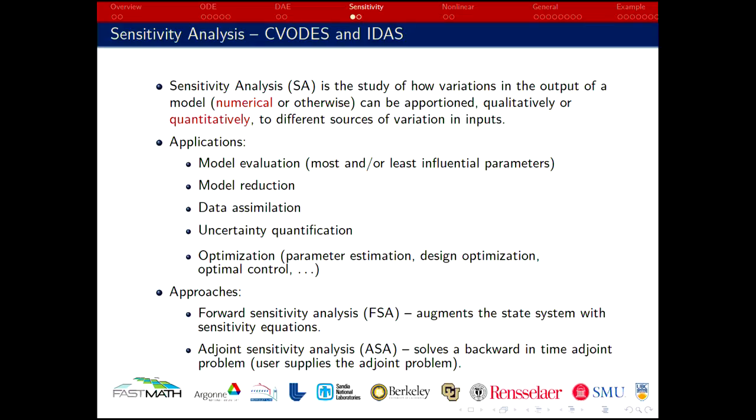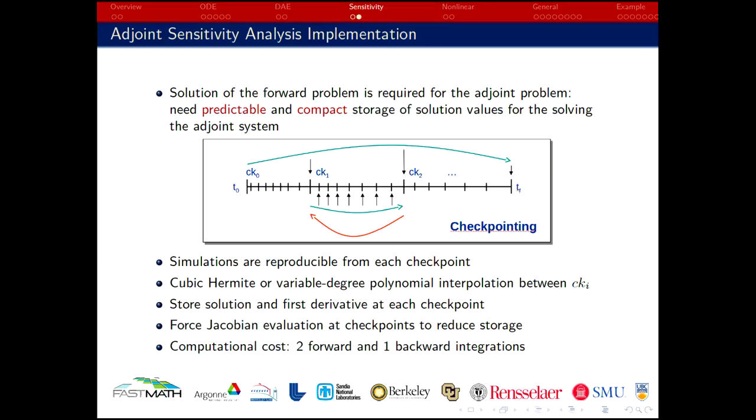And so we can use either of these 2. The adjoint sensitivity analysis is more costly than forward sensitivity analysis, but they're both rather useful in standard practice in the applied math community. But when doing adjoint sensitivity analysis, a real challenge is how do you do the backward simulation in an efficient manner. And we use a process called checkpointing, which is rather standard in these adjoint-based simulations.